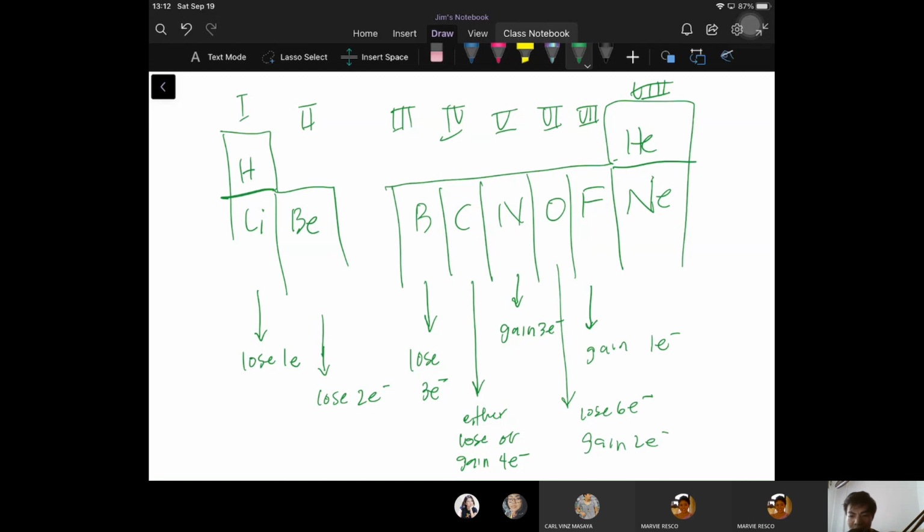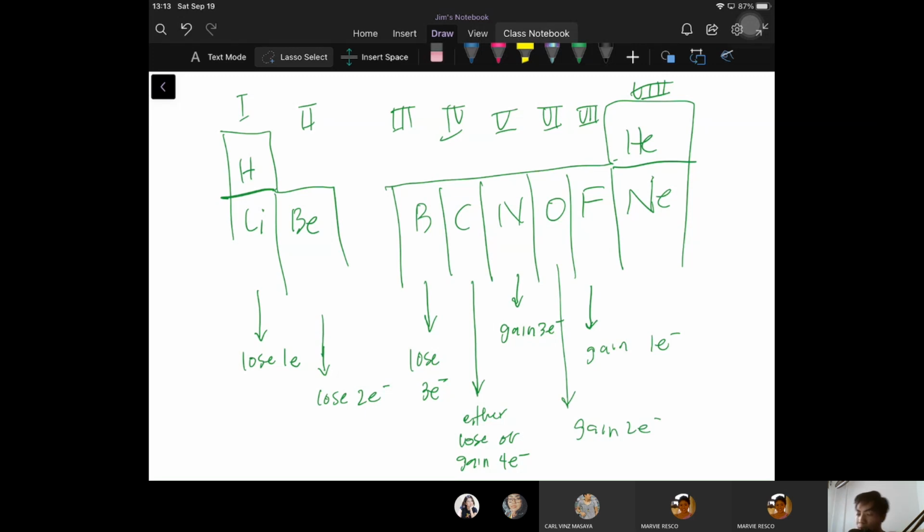Ang question dyan ay, ano mangyayari? No? If it gains 2 electrons, ano? Mas okay yon kaysa sa mag-lose siya ng 6 kasi mas malapit yung 2 kaysa sa 6. No? So, it will instead gain electrons. So, hindi siya mamimigay ng electrons. Tatanggap siya ng electron. Okay? So, yun lang. For group 8, walang mangyayari. Noble gas na yan eh.